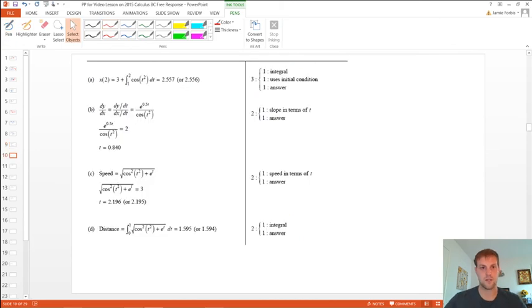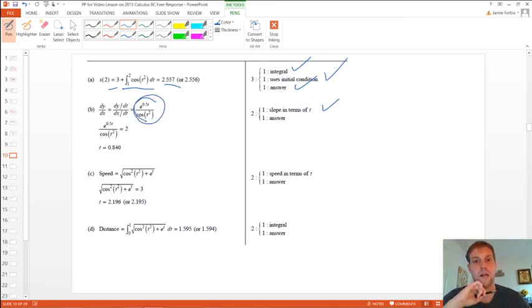Here's the answer key. We did the integral, so we set up the correct integral. We did the initial condition of 3, and we got the answer. We set the slope up in terms of t, so we set that up correctly. We set it equal to 2, and we got the answer.